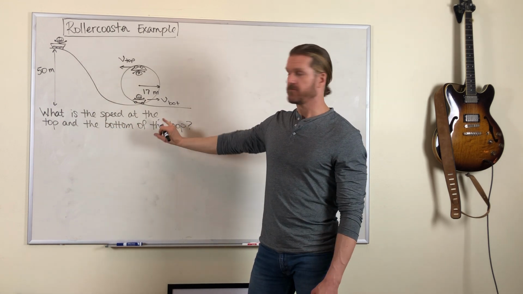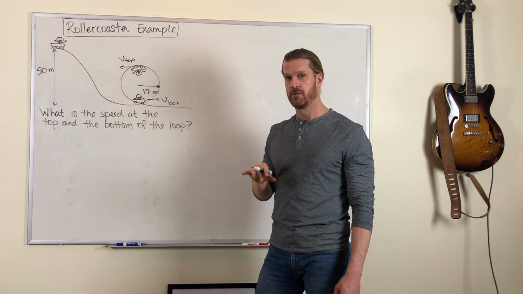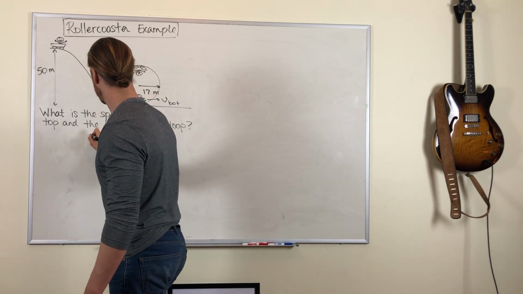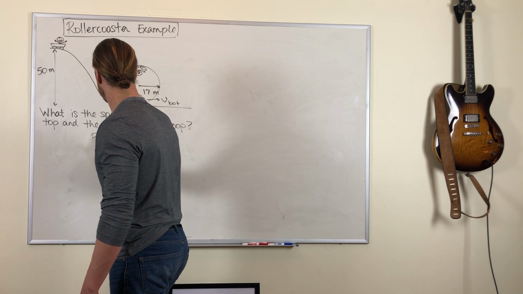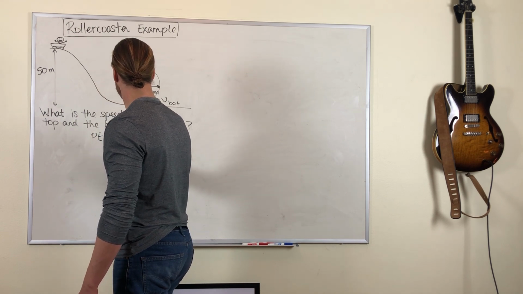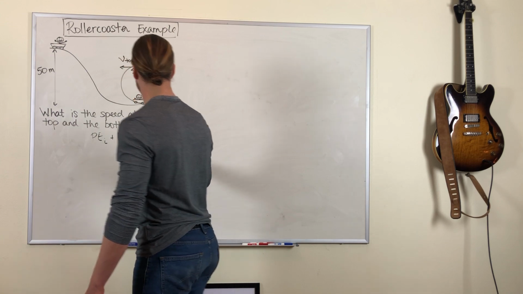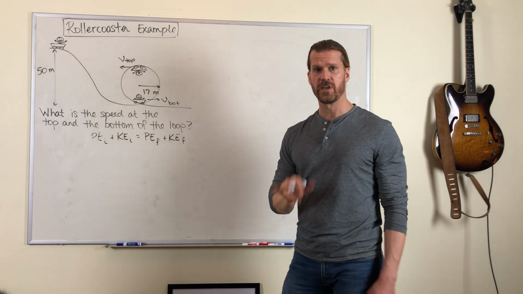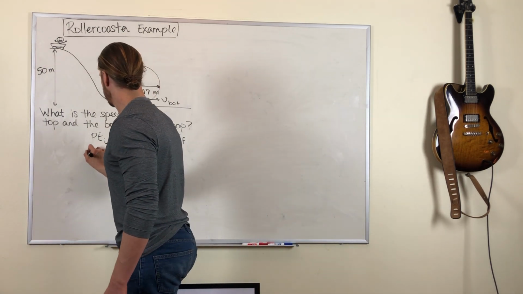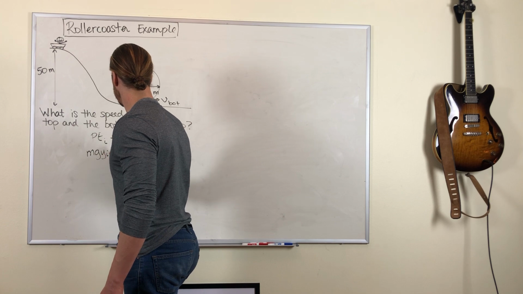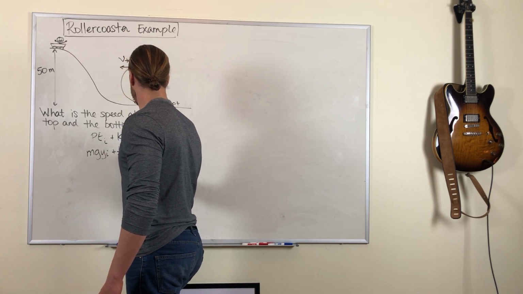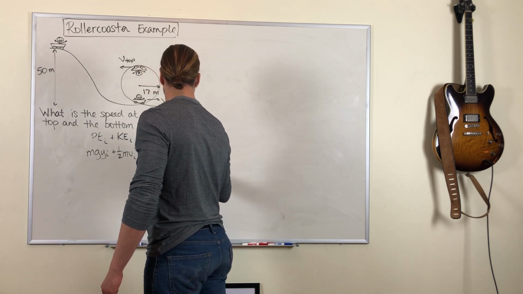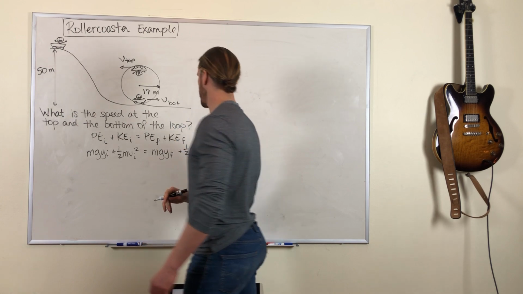So let's set this up using our law of conservation of mechanical energy as we've been writing it down so far. We say potential energy initial plus kinetic energy initial equals potential energy final plus kinetic energy final. We have formulas for these things: mgy initial, 1/2 mv initial squared, mgy final, 1/2 mv final squared.